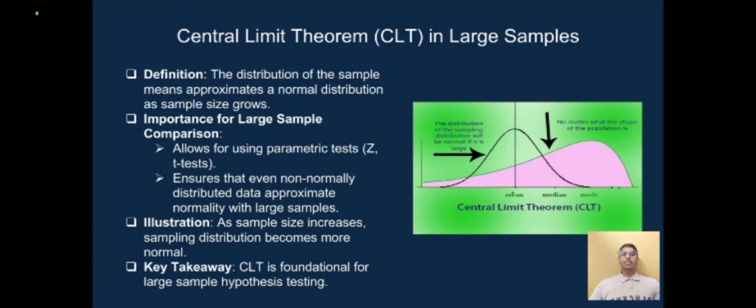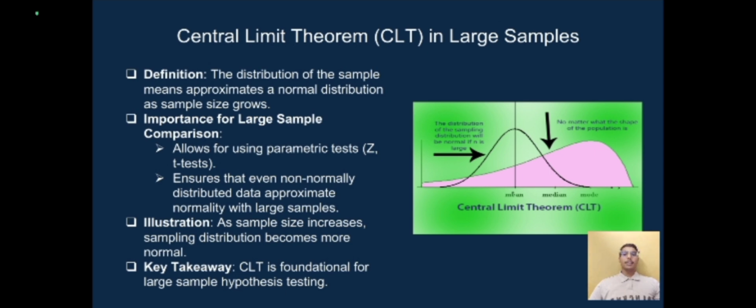Central limit theorem in large samples. Finally, the central limit theorem is a foundation of large sample testing. The CLT states that as the sample size grows, the distribution of the sample means will approximate a normal distribution. This allows us to use parametric tests like the z-test, F-test, and t-test, which rely on the normal distribution.